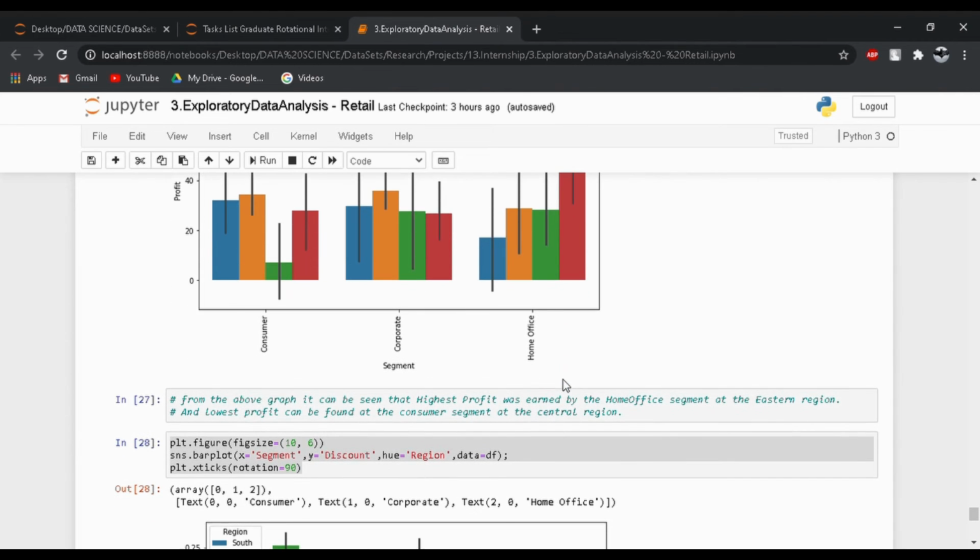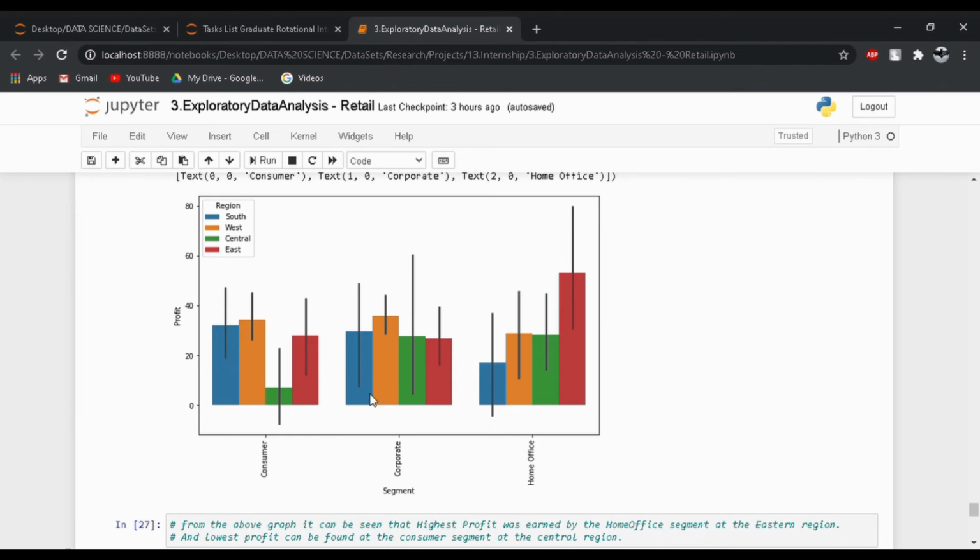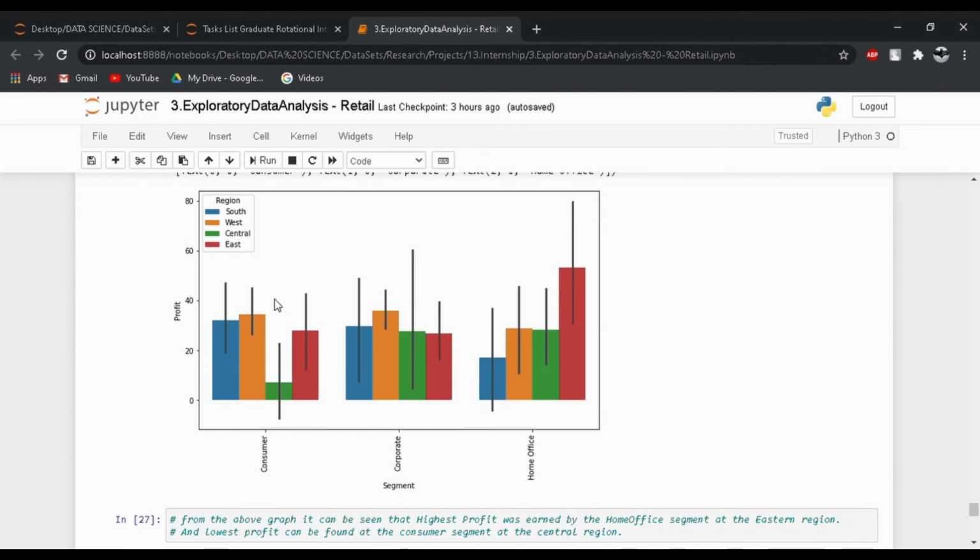I've also commented that the lowest profit can be found at the consumer segment at the central region. So this is our central region, and yes, you can see over here that the consumer segment has the lowest sales at the central region.